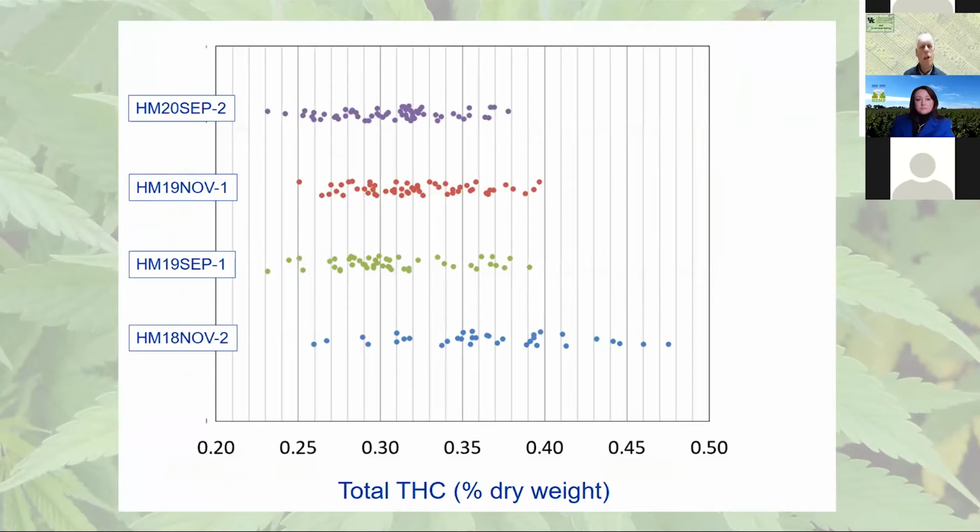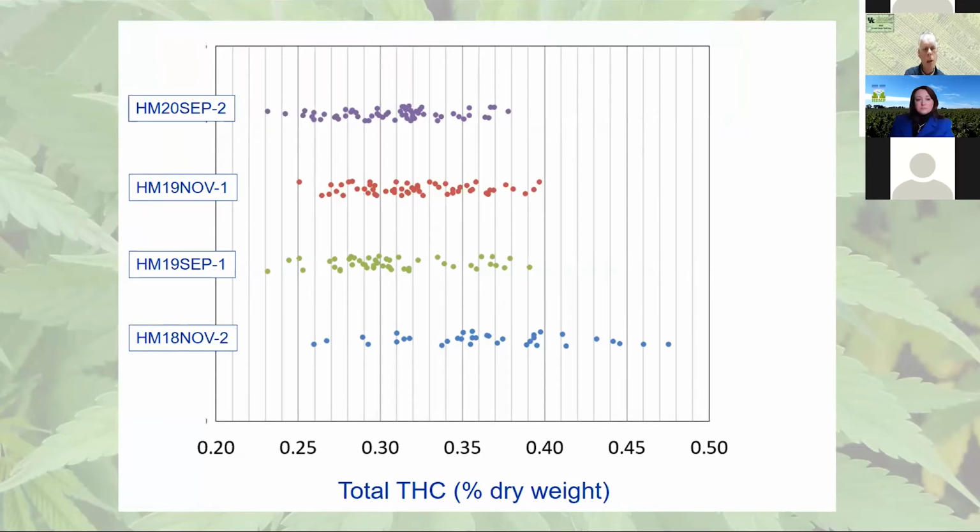So what this slide shows is the distribution of total THC in 4 samples in the program. I'm focusing on samples that have a total THC concentration of approximately 0.3%. You see there's a wide variation of results obtained from the different labs for these samples.